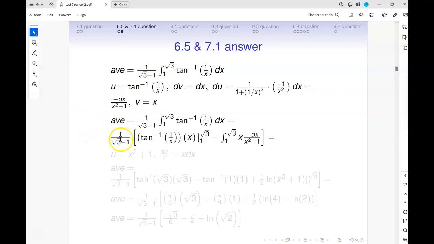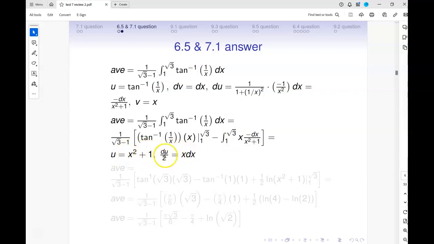So I plug the integration by parts formula in. Remembering, because it's a definite integral, I'm going to have to sub in 1 and root 3 for the uv part. And it gives me this second integral. So to integrate, really that's negative x over x squared plus 1 dx. To integrate that, I have to use u sub. So the u should be x squared plus 1, the denominator.